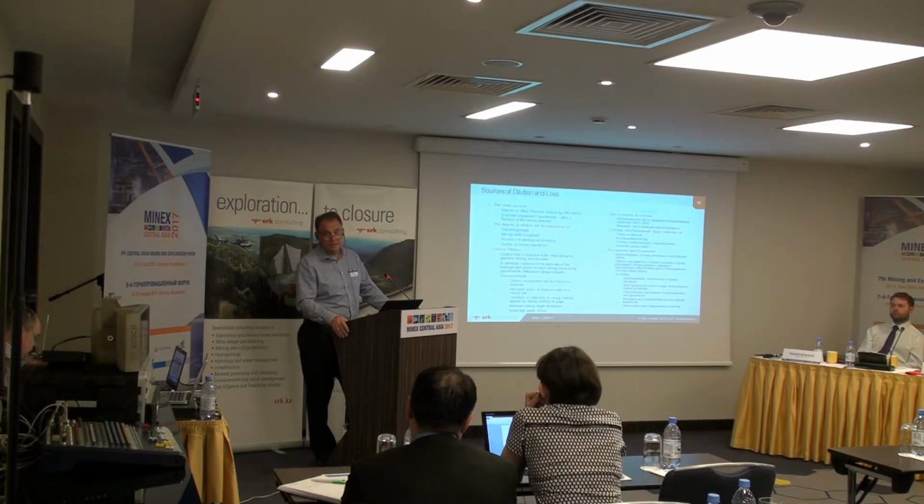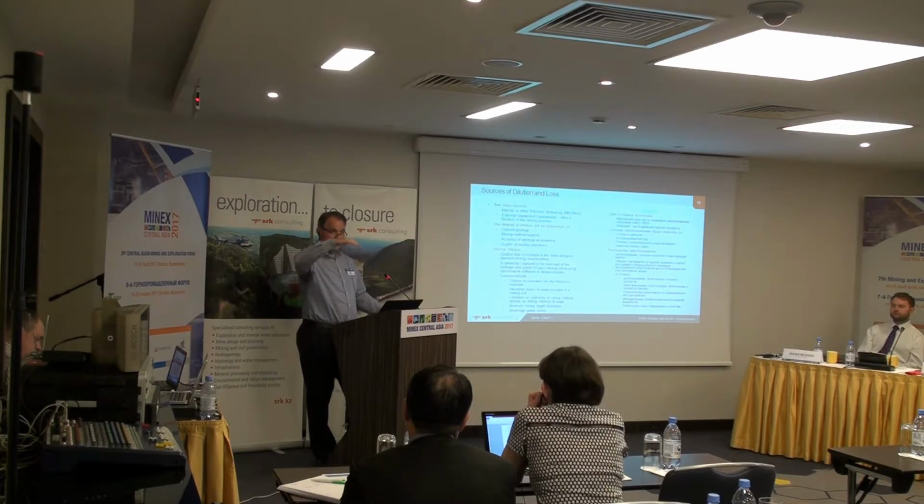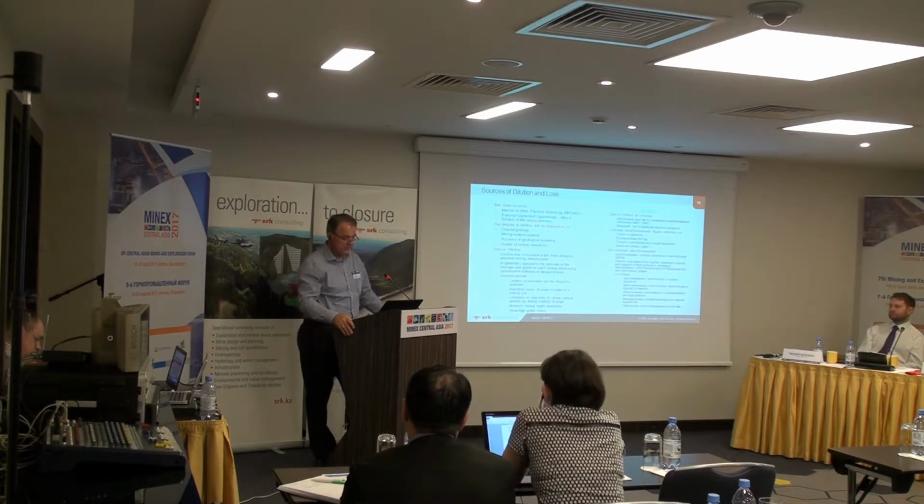It can also be a function of the mining method itself. So in an open pit situation, it can be the rill angle of the material. When you have blasted material and you've got a vertical ore body and the excavator is standing on the bench, material will roll down from that bench at the angle of repose, and you can get a degree of dilution simply from that process.